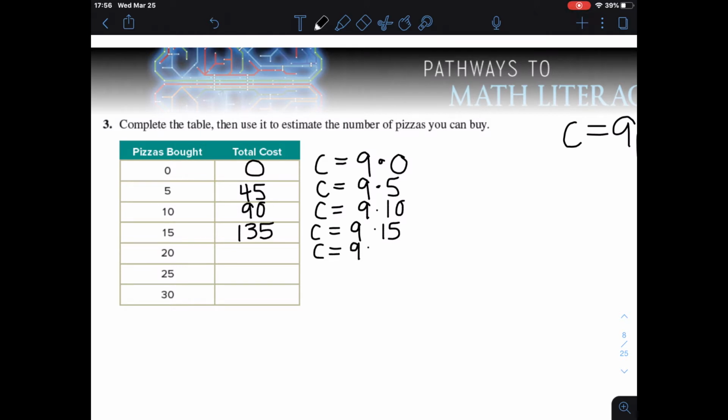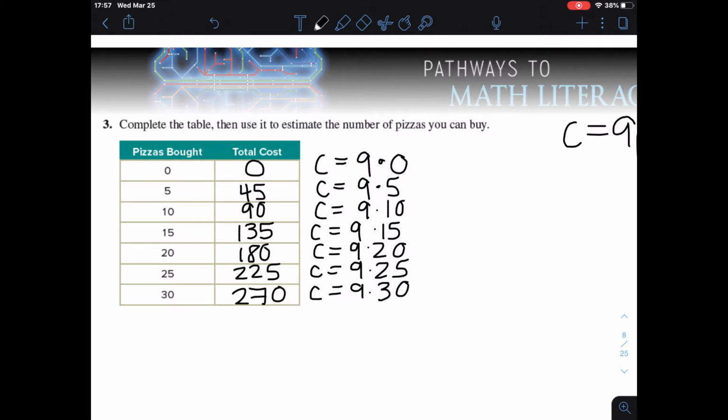For 20 pizzas, you take 9 and times it by 20, so it costs you $180. For 25, you multiply it by 9, so it's $225. And then finally for 30 pizzas, you take 9 and times it by 30, so it's going to be $270.